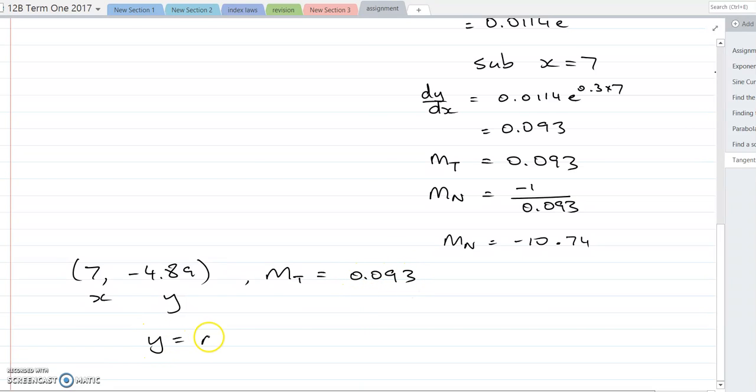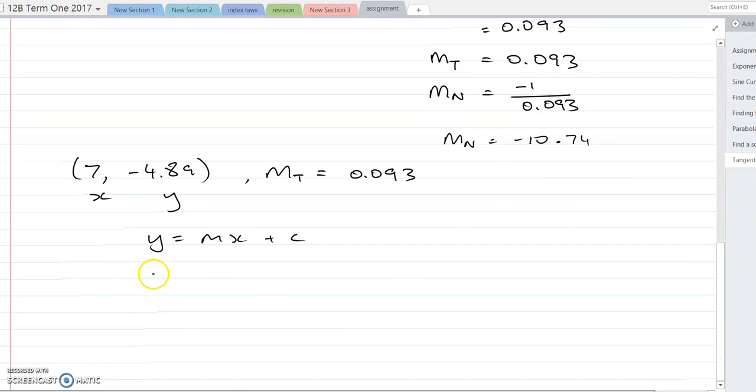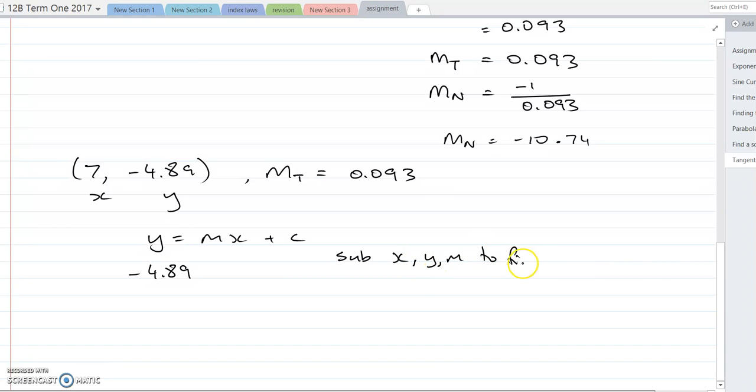Y equals mx plus c. Sub x, y and m in to find c. Negative 4.89 equals 0.093 times 7 plus c.